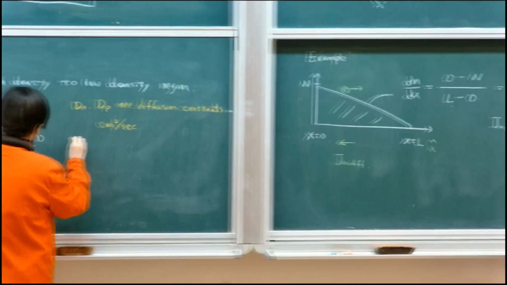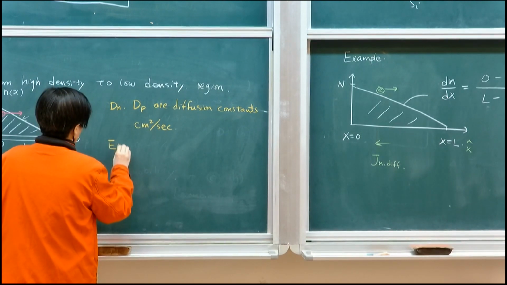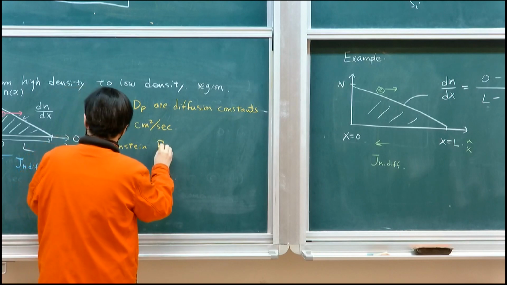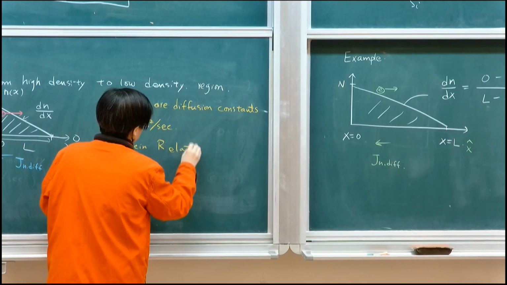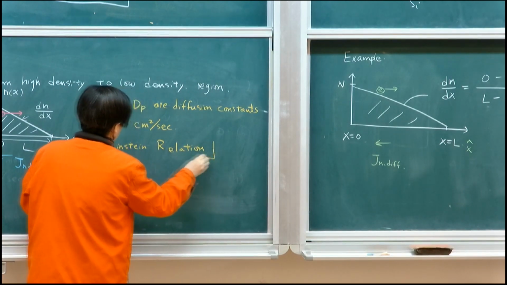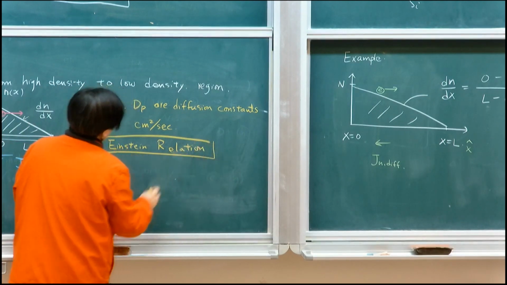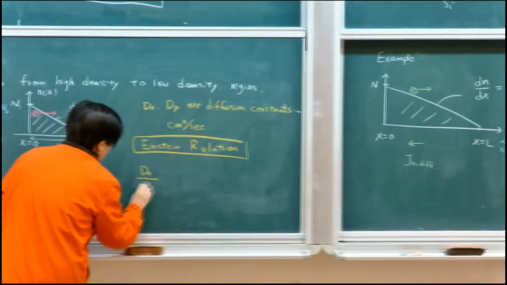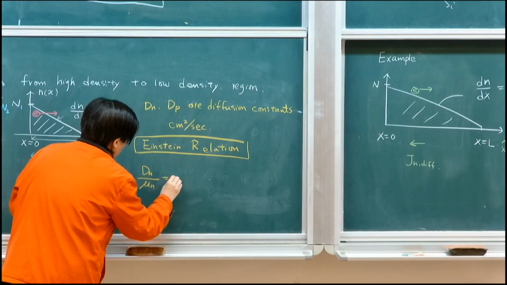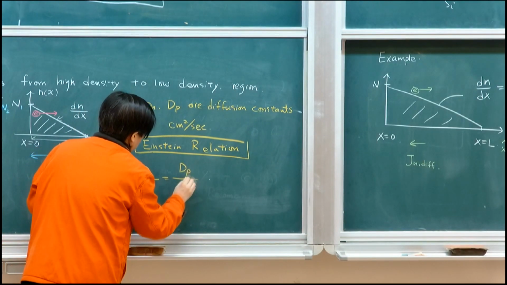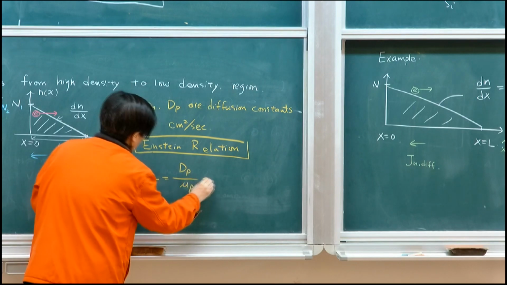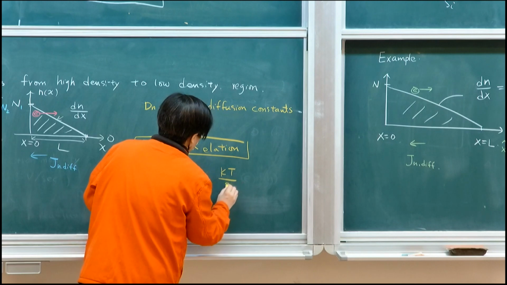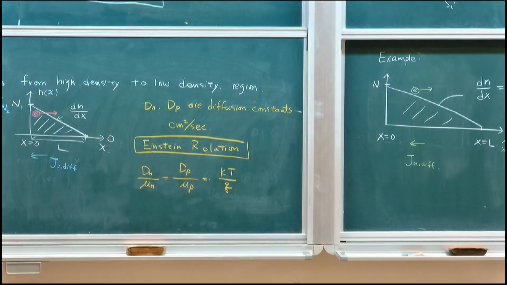This is called the Einstein relation. This relation tells us that the ratio of diffusion constant and mobility is constant for all particles, and it's proportional to kT over Q.